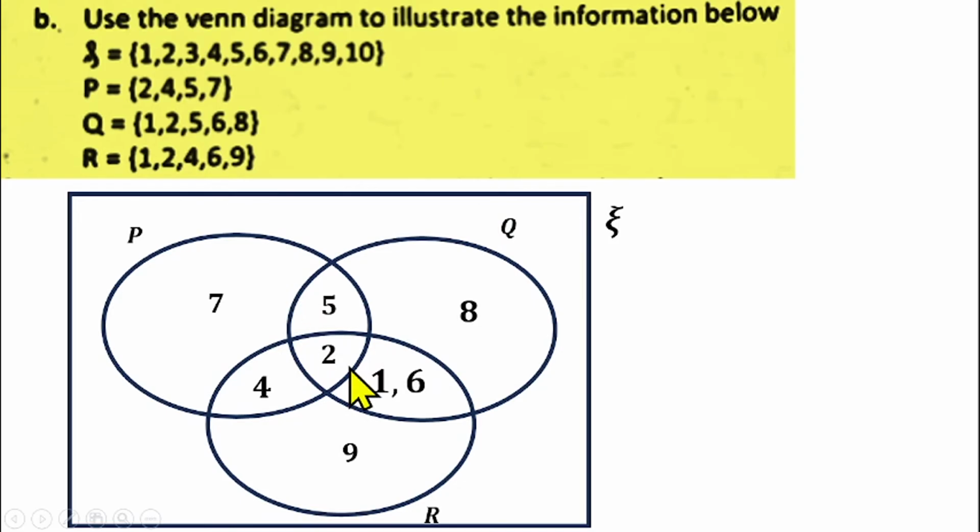You can see that there is no 3 here, but there is 3 in the universal set. So there should be 3 inside the box but outside the circle. And there is also 10, but there is no 10 in P, Q, and R. So there should be 10 also in the box. So now this is the Venn diagram that represents this information.